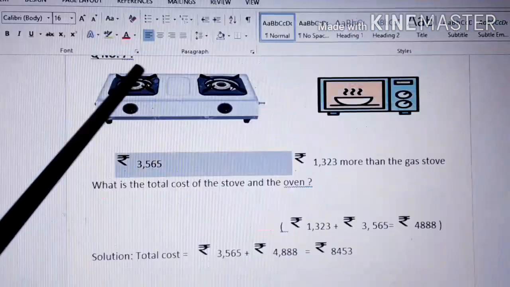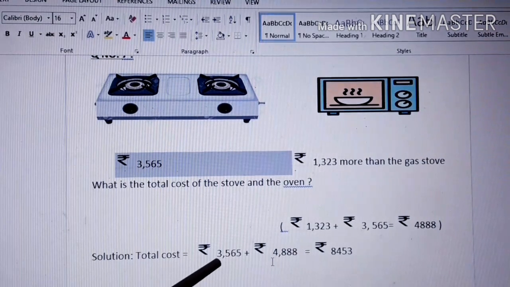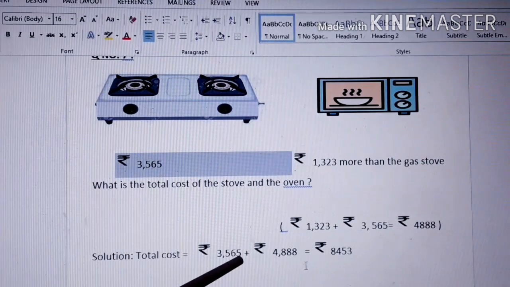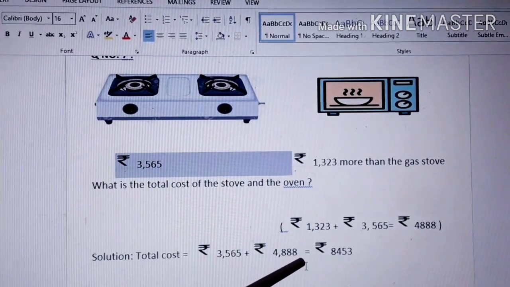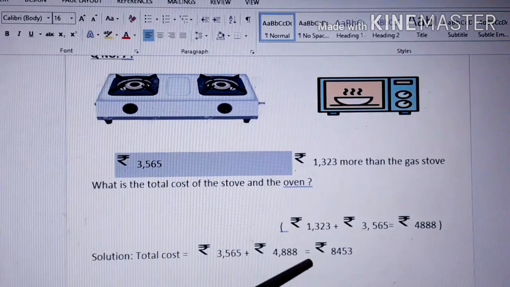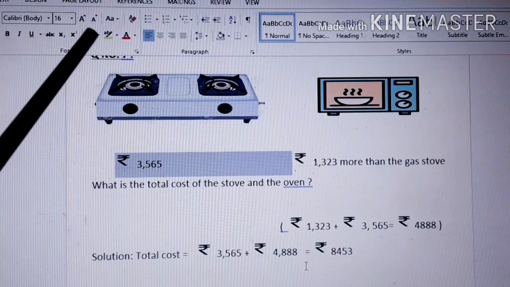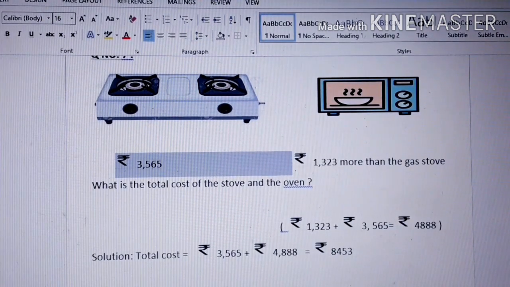So we are going to add the cost of the stove as well as the oven. So after adding both the costs, that is rupees 3565 of the stove plus rupees 4888 of the oven, we get total cost rupees 8453. Is it clear? Okay, then let's see our next question.